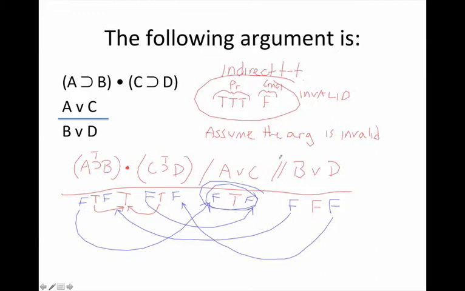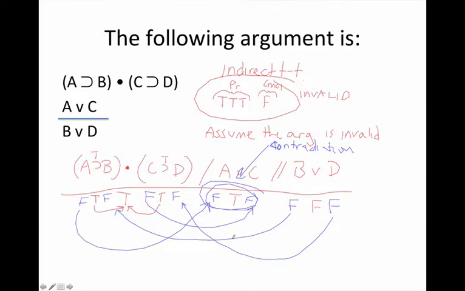So when you run into a contradiction, you've just shown that it's impossible for the conclusion to be false if the premises are true.